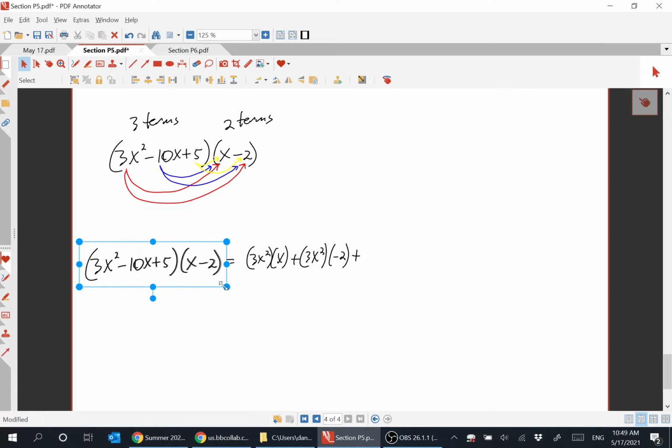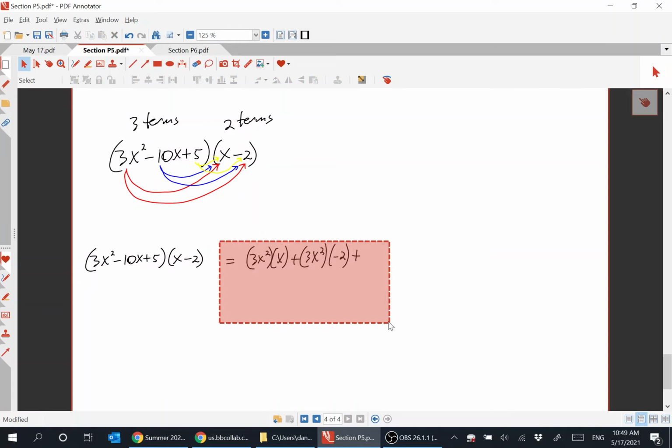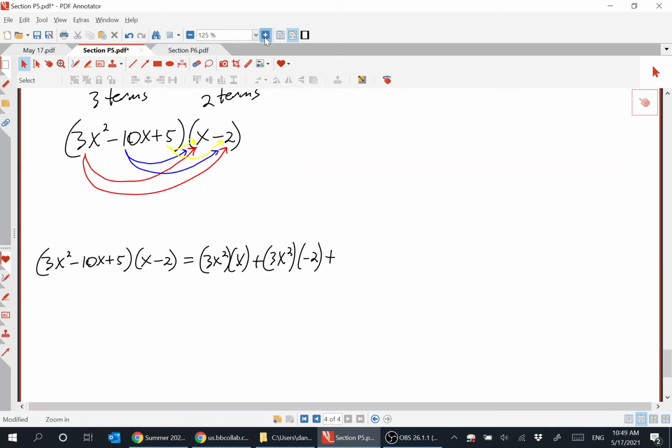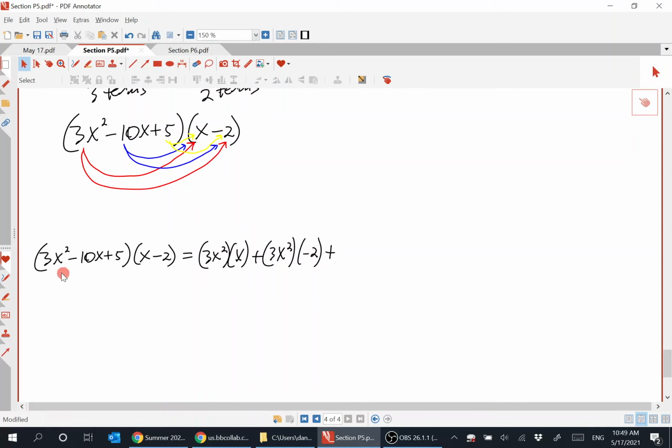Try to shrink that a little bit. All right. That should work. All right, so I took the 3x squared and I multiplied by the x and the minus 2. And then I added those guys.